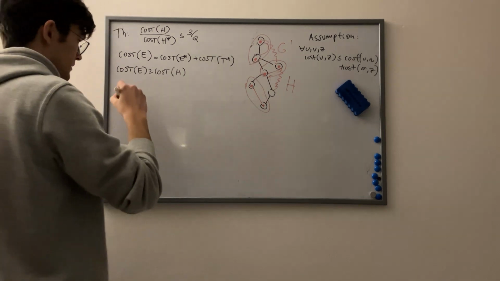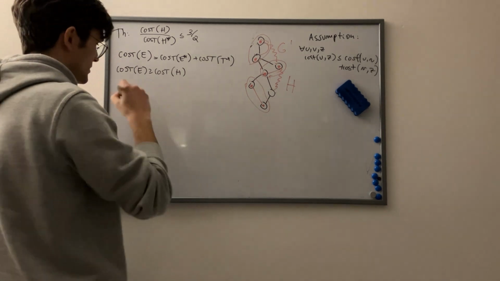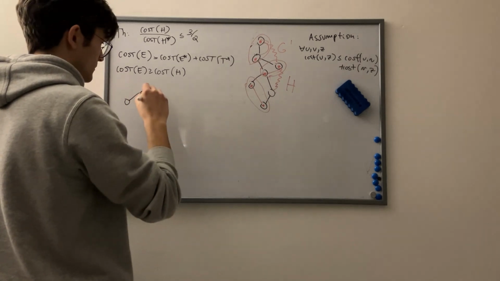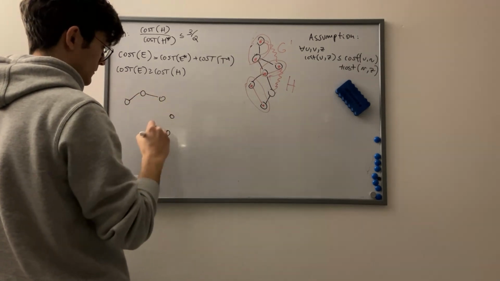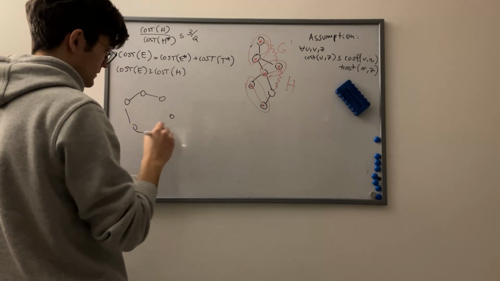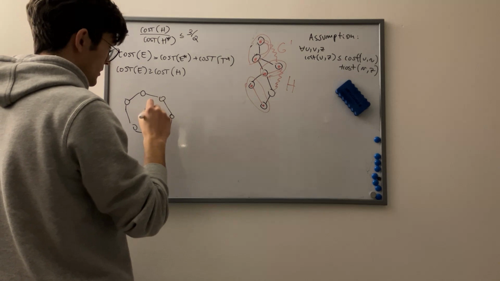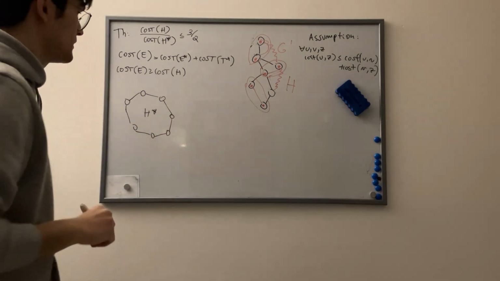Then, as the other time, as in the two approximation algorithm, we can say this. Let's assume that this is our optimal Hamiltonian tour H star.